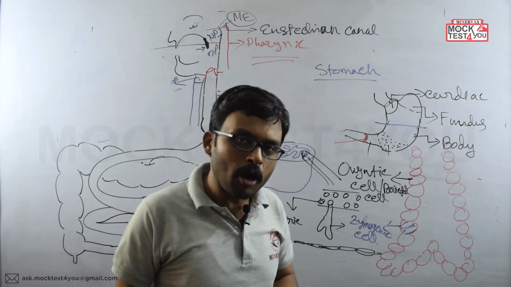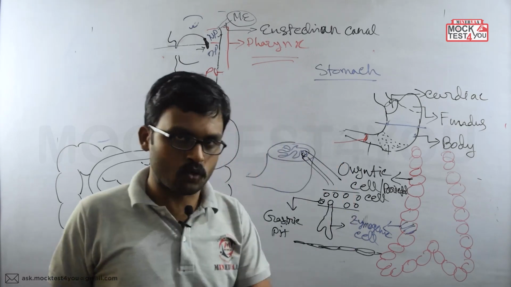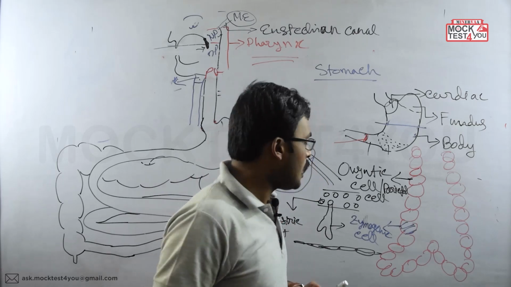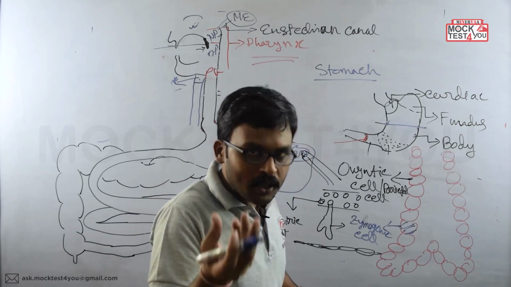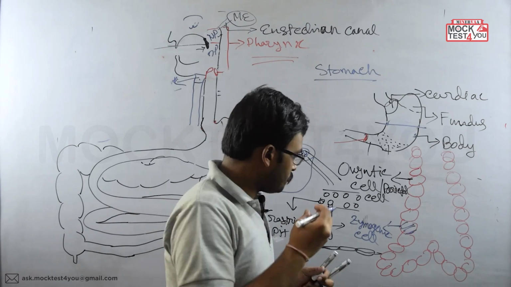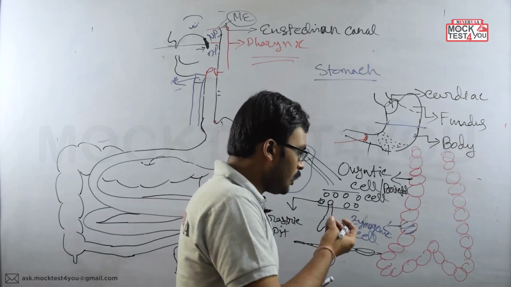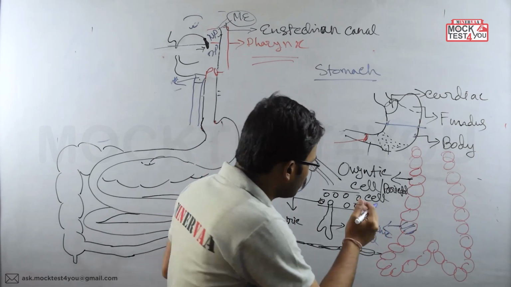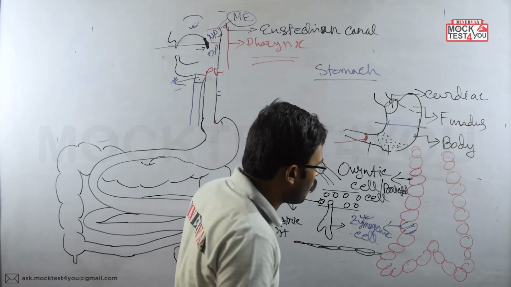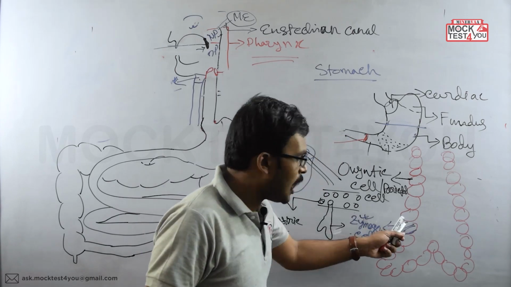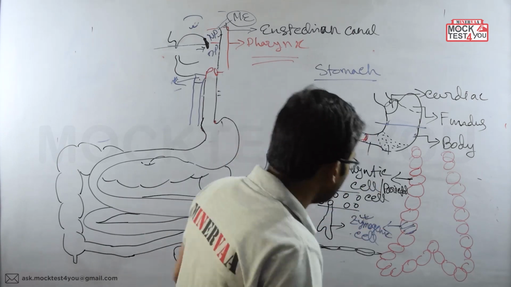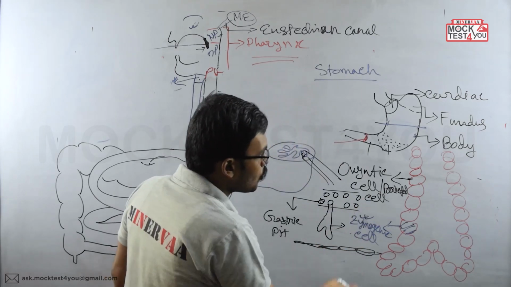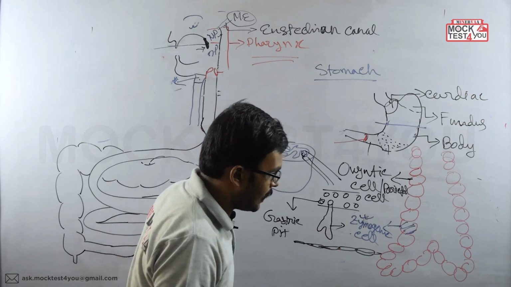It secretes different digestive enzymes in the inactive form, like pepsinogen, along with the renin enzyme. So all these enzymes are secreted from the zymogenic cell, clear? This is the second type of cell which we have in the gastric gland.